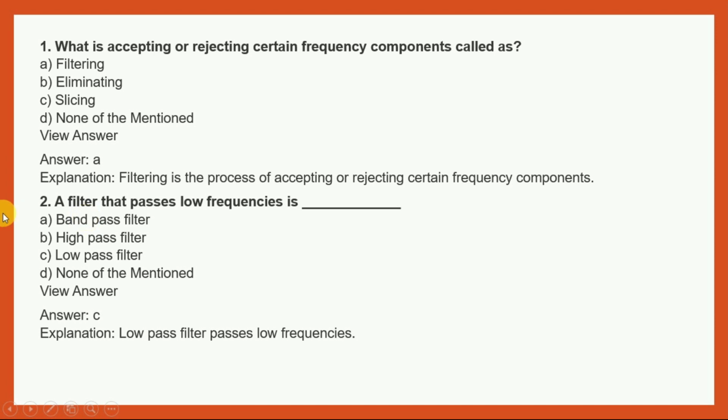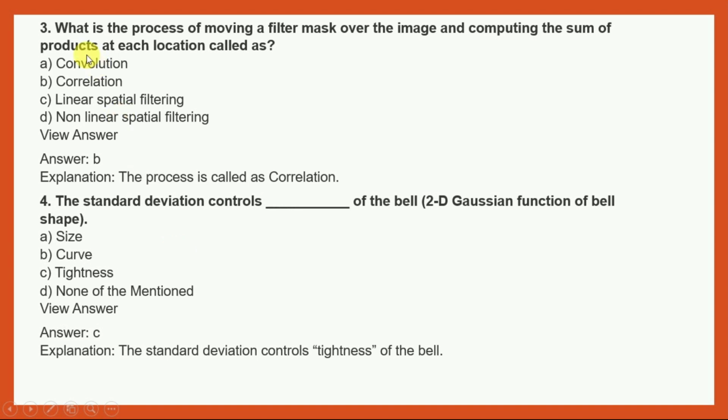Now the second question is, a filter that passes low frequency is? The answer is low pass filter. Now what is the process of moving a filter mask over the image and computing the sum of products at each location called? The answer is correlation, because in that process we are moving the filter over the image.